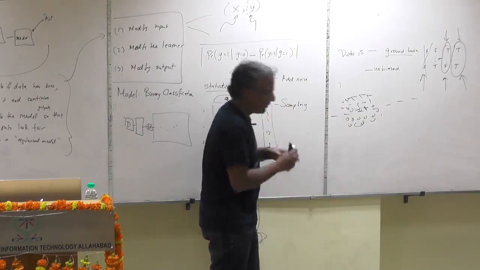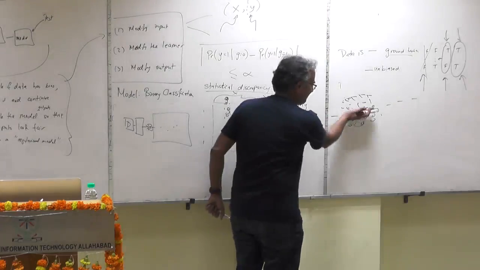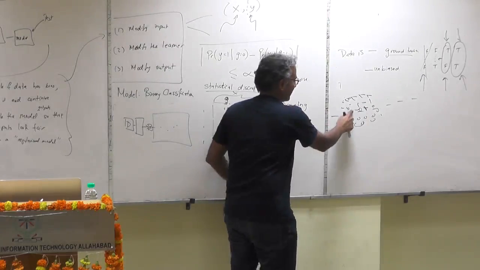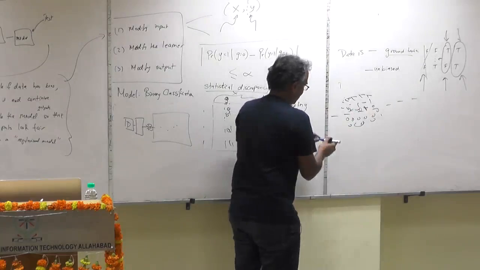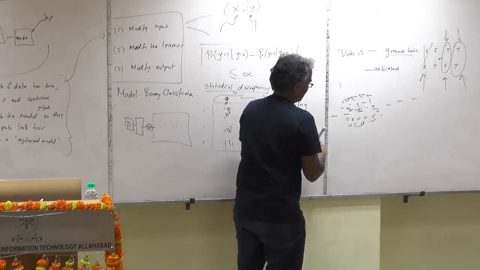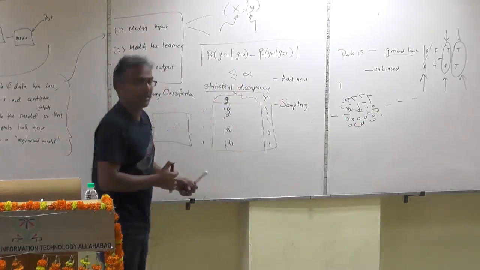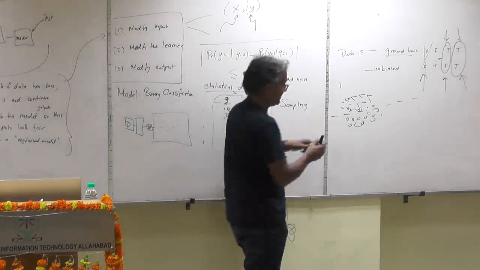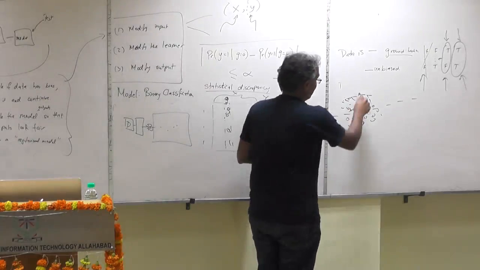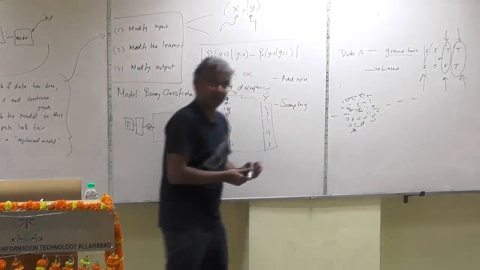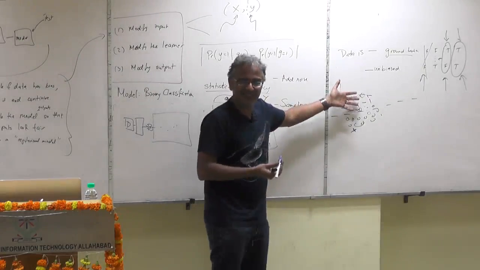So for things that are close to the decision boundary, those labels I might flip. So I might replace this by that, I might replace this by that in order to balance things out. But I won't take something from here and make that into a circle, or take something from here and make that into a cross, because that seems like a bit too much, right?